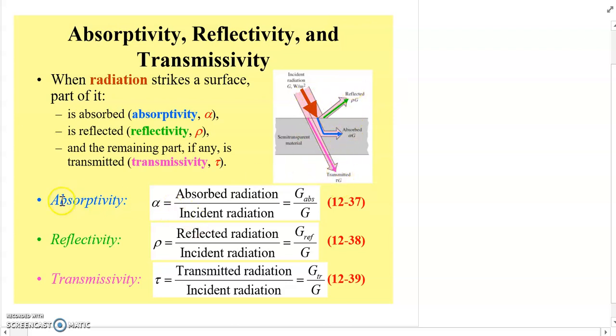Absorptivity is defined by the term alpha, which is the absorbed radiation divided by incident radiation. Reflectivity is rho, the reflected radiation divided by incident radiation. And the last one, transmissivity, tau, is the transmitted radiation divided by incident radiation.